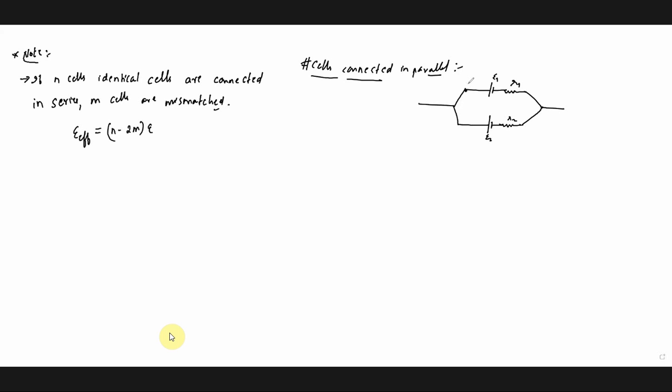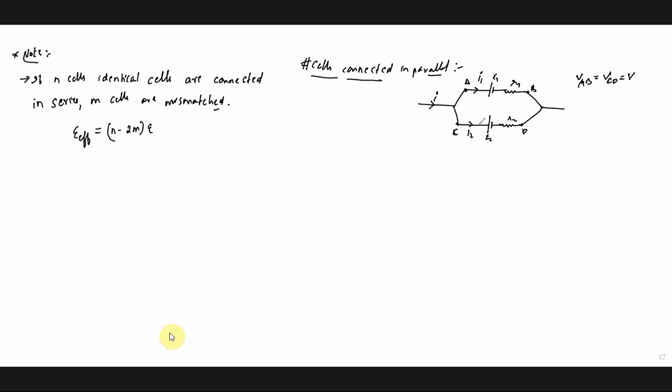I'll take these points as A, B, C, D. In the parallel combination, the potential drop across AB must equal the potential drop across CD, which I'll take as V. Let us consider the current in the circuit as I. This current divides into two parts: I1 here and I2 here.